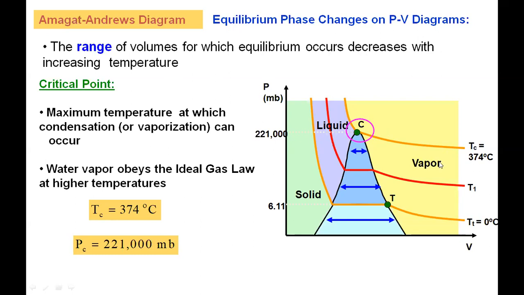So the maximum temperature here, the condensation or vaporization occurs. Water vapor obeys the ideal gas law at higher temperature. If we go to higher temperature, then we can use the ideal gas law for water vapor. So TC تساوي 374 سلسيوس and PC تساوي 221 بار or 221 ألف ملي بار.